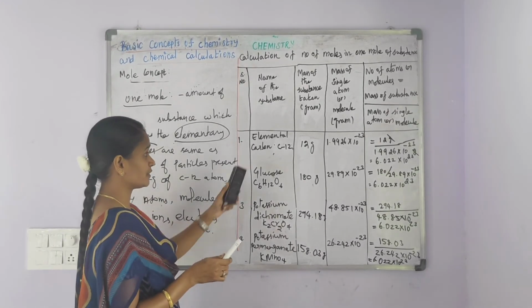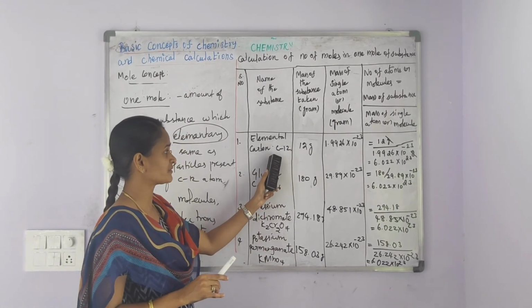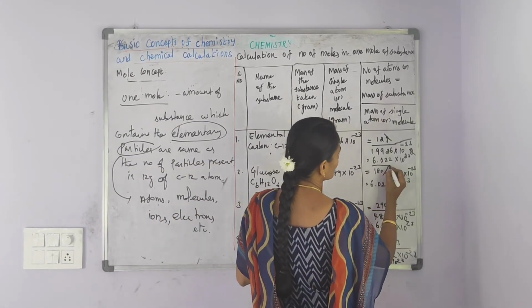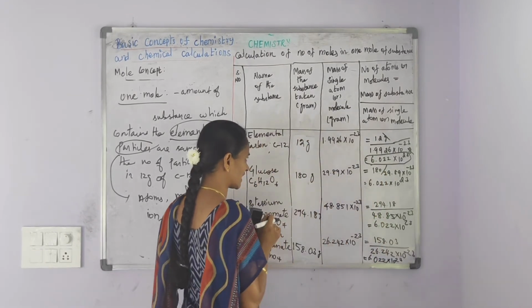To repeat, from this tabular column we conclude 12 gram of the carbon 12 atom contains 6.022 into 10 power 23 carbon atoms.